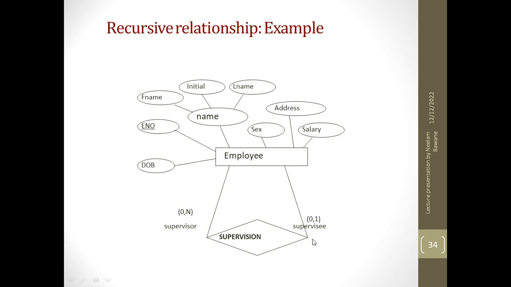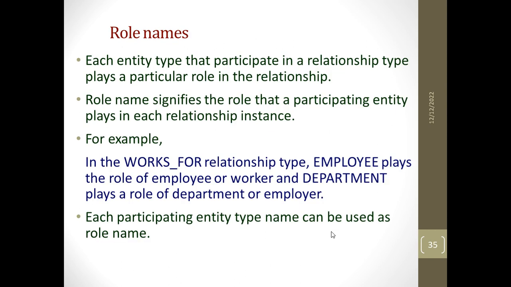On one side it will be supervisor, and on the other side it will be supervisee. So if John is supervised by Jacob, I say John is the supervisee and Jacob is the supervisor. So one person will act as supervisee and another person will act as supervisor.